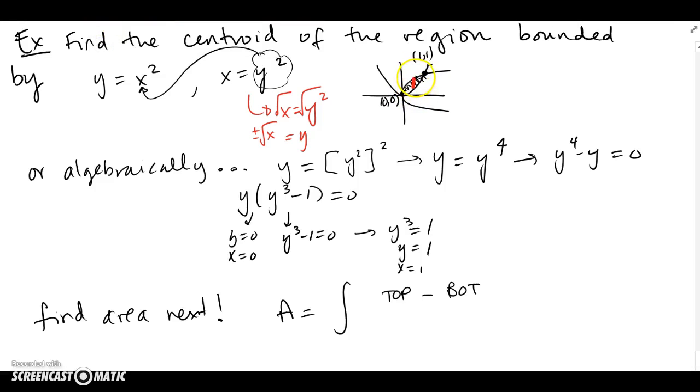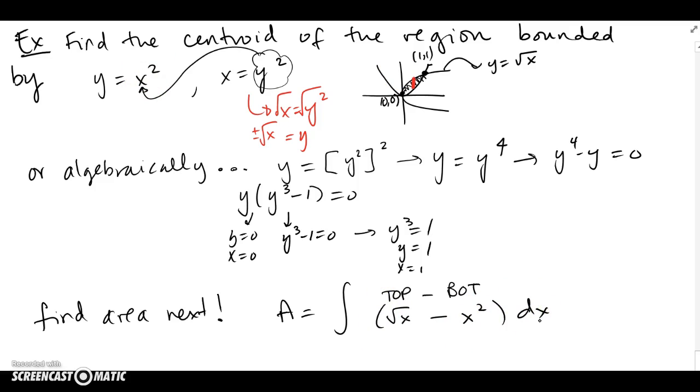So the top function is the sideways parabola, which got picked up from the positive square root of x, so again this piece was y is equal to square root of x, minus the bottom function, which is this parabola that's opening up, x squared, dx.